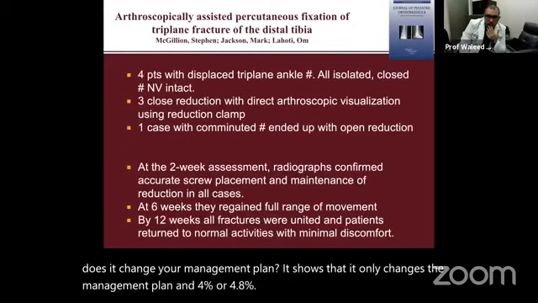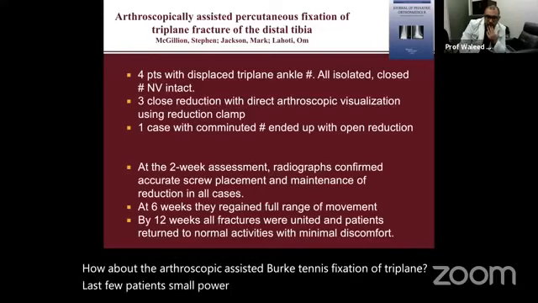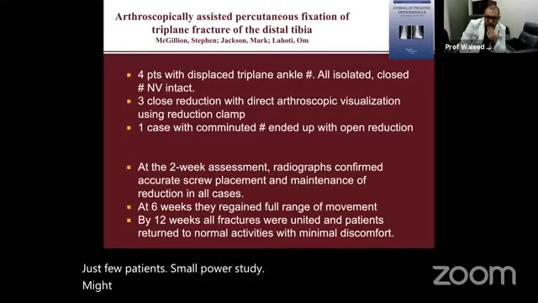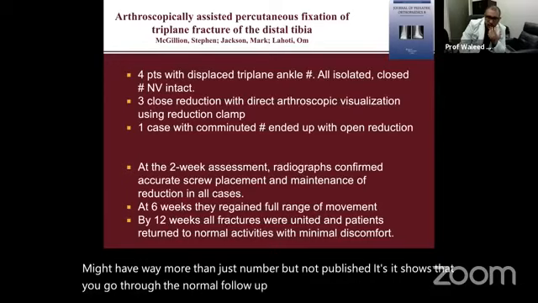How about the arthroscopic assisted percutaneous fixation of triplane? It's just a few patients, a small powered study. I might have way more than this number, but not published. It shows that you go through the normal follow-up, 2 weeks assessment, and shows that screws are good.